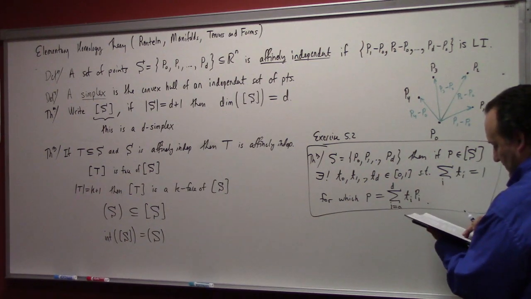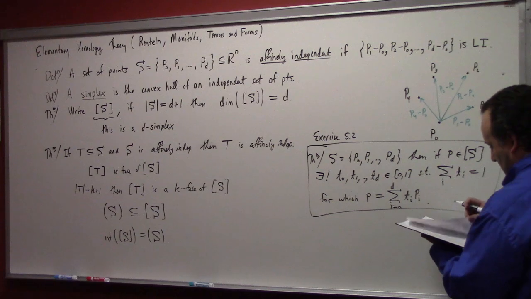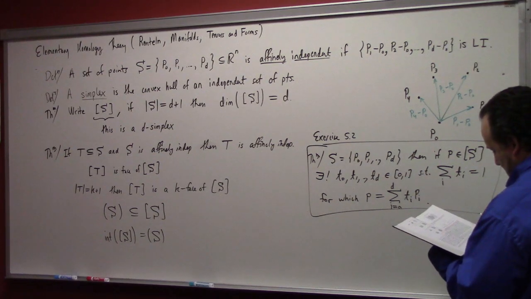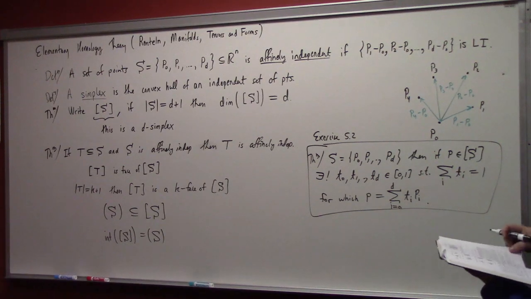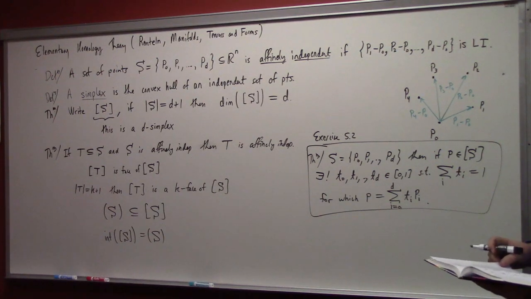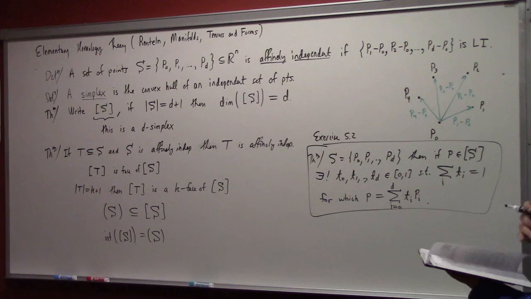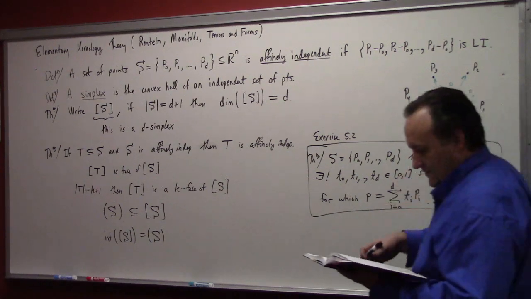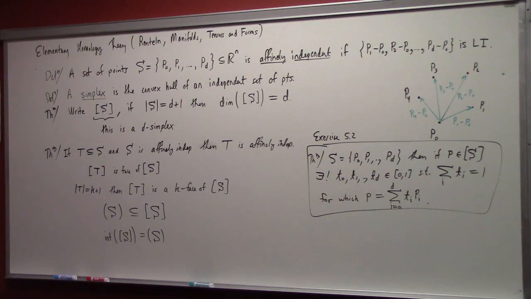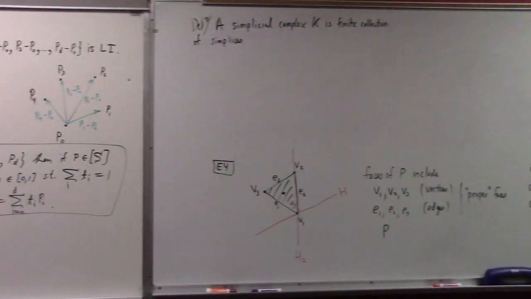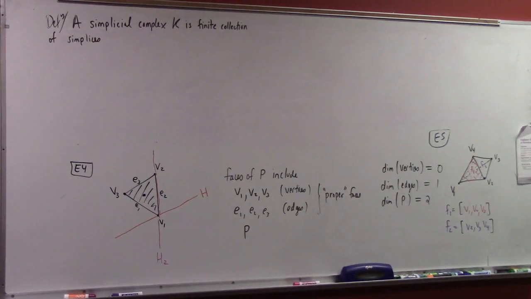Did he tell us what a simplex was already? Oh, yeah, I just wrote it over there. The plural of simplex is simplices, all right? It's a finite collection of simplices satisfying a particular set of rules.